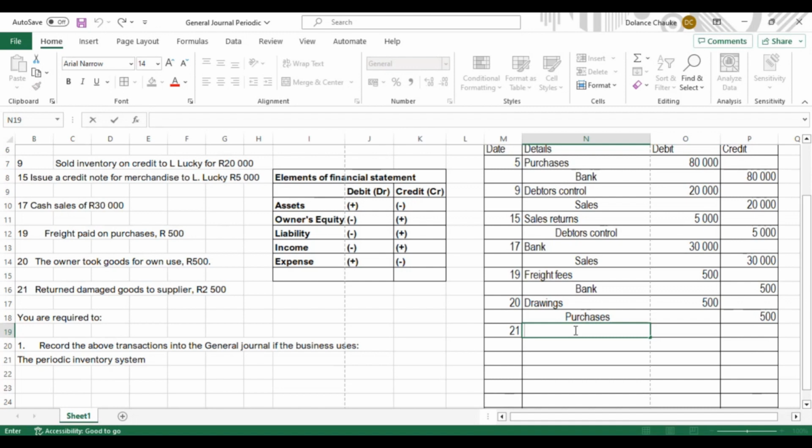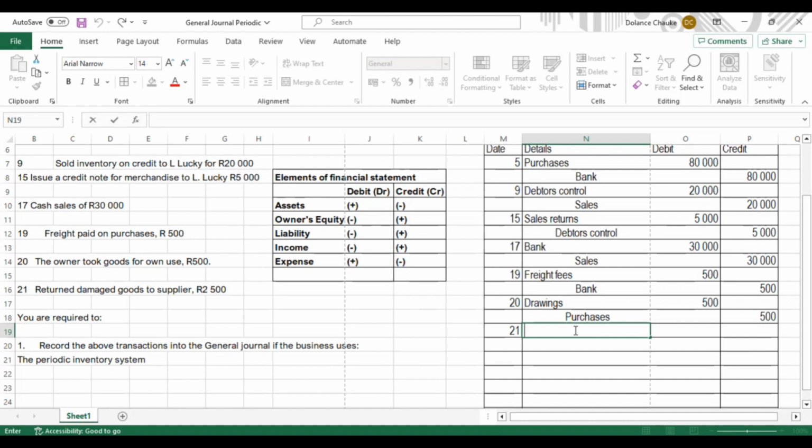Whenever you purchase inventory on credit, we increase creditors on the credit side, right?